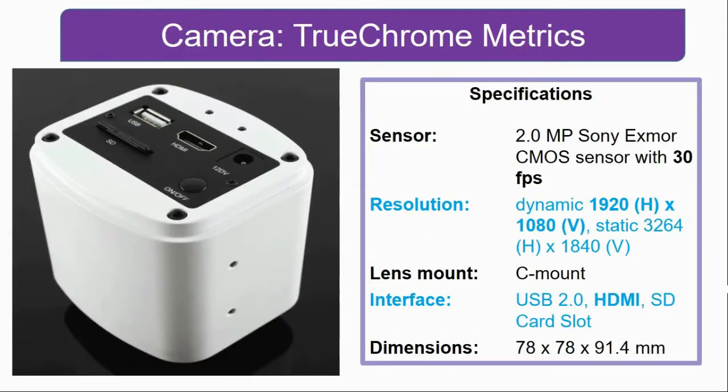This is the TrueChrome Matrix camera. It gives a high speed of 30 frames per second uncompressed data transfer at 1920 by 1080 resolution. It has efficient and accurate measurement tools, accurate to 1/100 microns. So very small cells can be measured precisely.